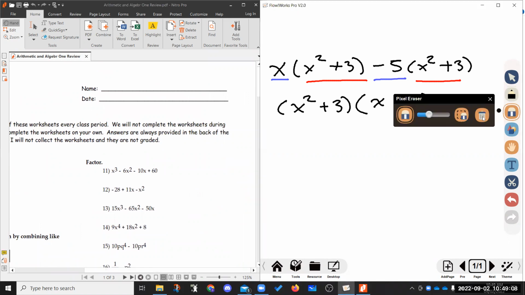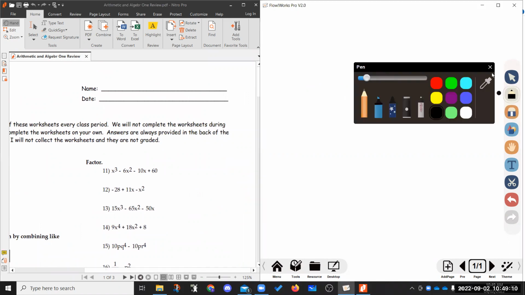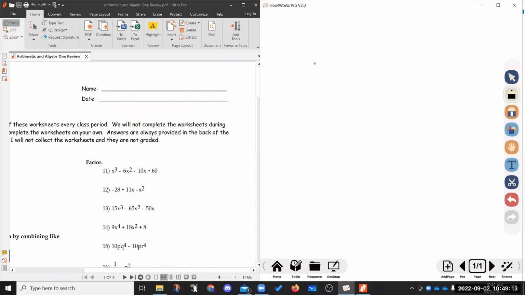We're going to look at some additional factoring techniques here. x cubed minus 6x squared minus 10x plus 60.